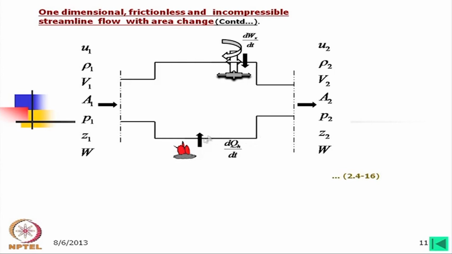Why are we considering such things? In fluid power, usually this external work will be there on the fluid, and heat is automatically generated due to the temperature rise, due to the change in pressure and the change in internal energy, which we can consider in this form. As well, in some cases heat is also added from the outside.